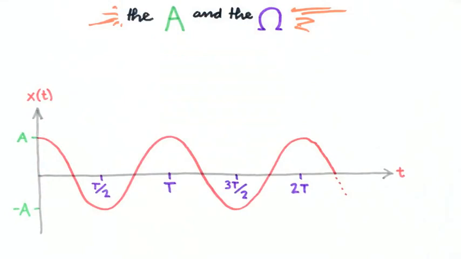Now in time, there is a characteristic time scale over which the motion repeats itself. This time scale, often labeled capital T, is called the period. The reciprocal of the period, 1 over T, tells us how many oscillations occur in a given amount of time. This is called the frequency, and is often labeled with a lowercase f.